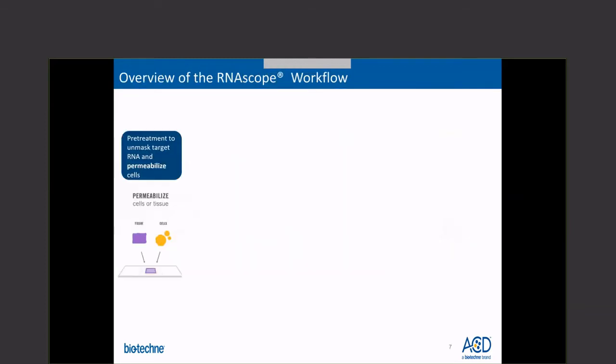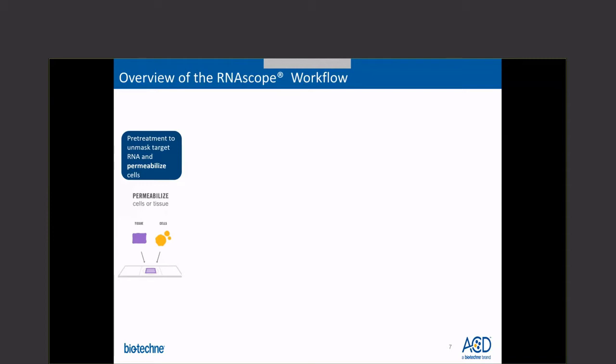Here is a brief overview of the RNAscope workflow. RNAscope assay is a slide-based assay and is intended for use on sample types similar to that used with IHC or IF. The assay starts with permeabilizing the sample with reagents provided in the pretreatment kit.